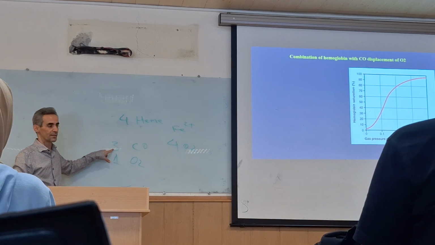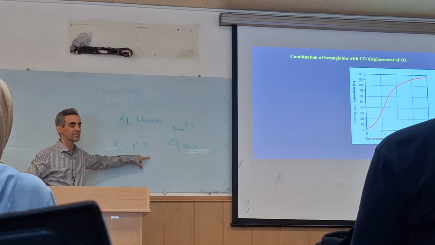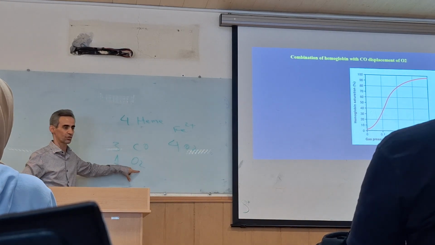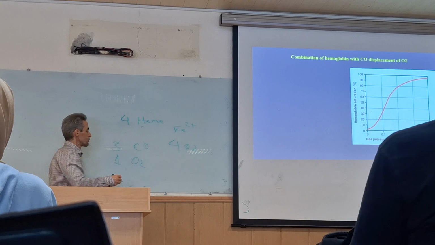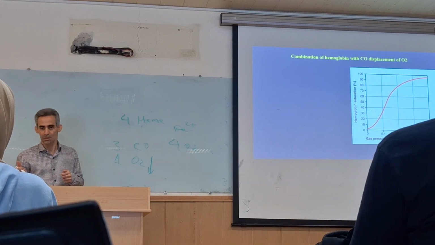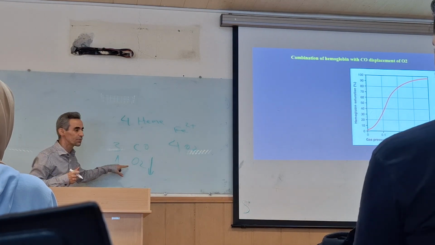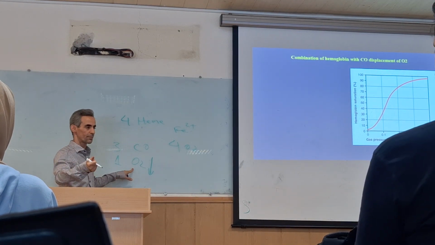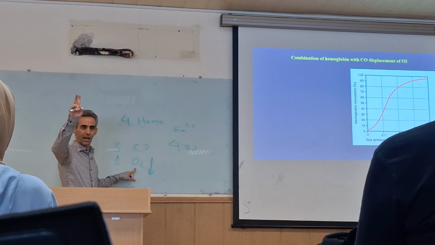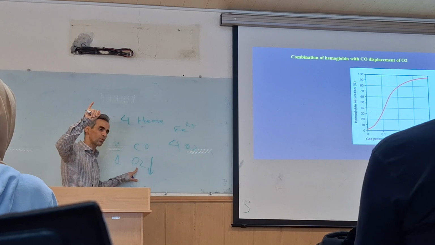Another effect is that carbon monoxide increases the affinity of hemoglobin to oxygen. And by this, the right shift of the hemoglobin is lost, and this hemoglobin cannot release oxygen. Carbon monoxide has 2 different effects. First, it occupies the location for oxygen.